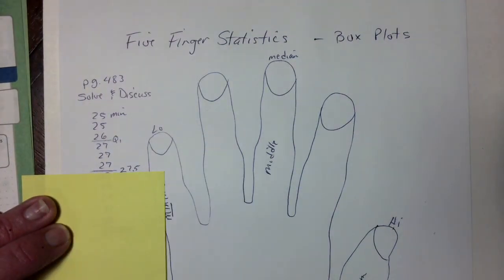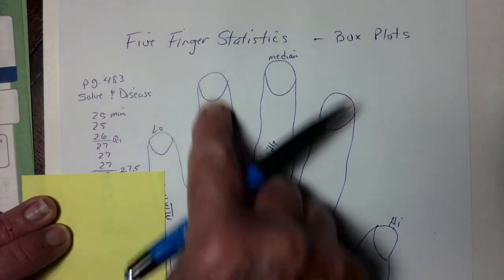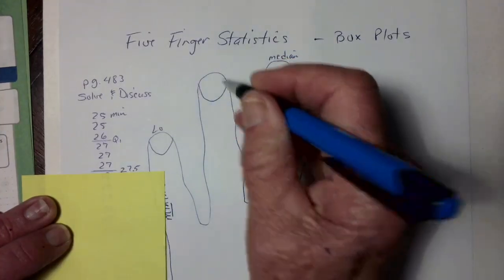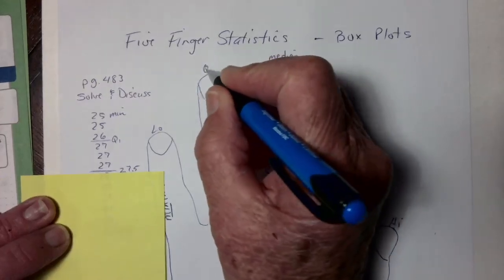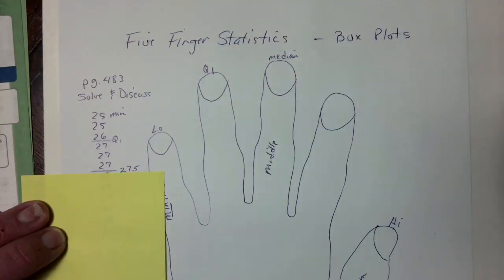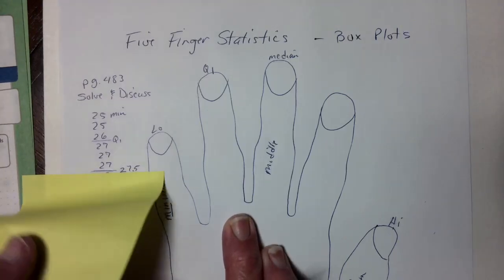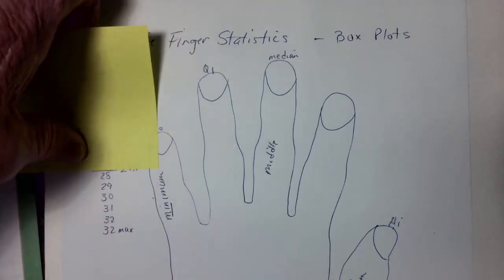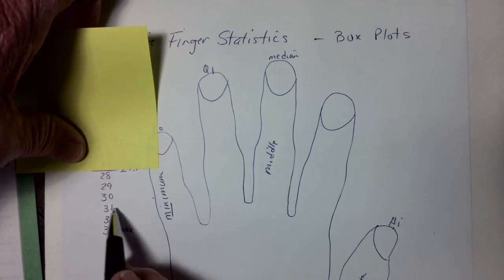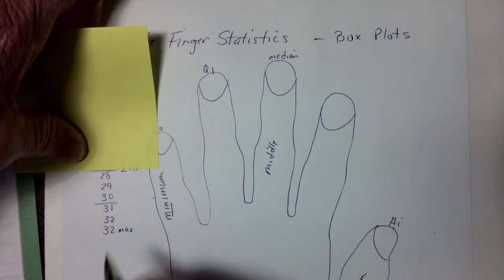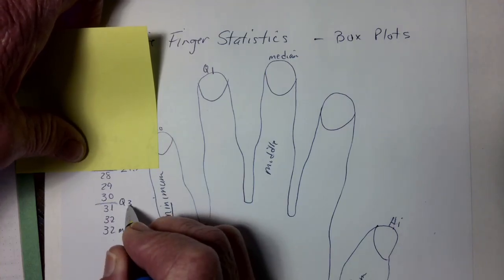That means the first fourth of the data. So right here, this is going to be called Q sub 1. Then if we cover up the bottom half and look at the top half, 1, 2, 3, 1, 2, 3, here's going to be Q3.